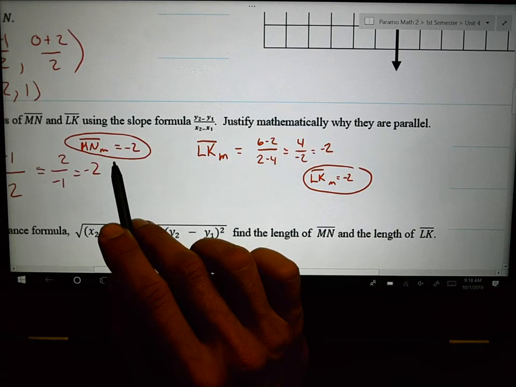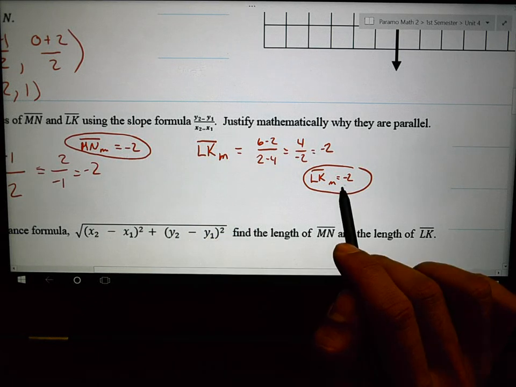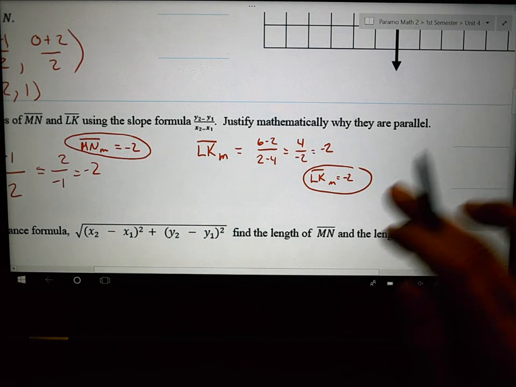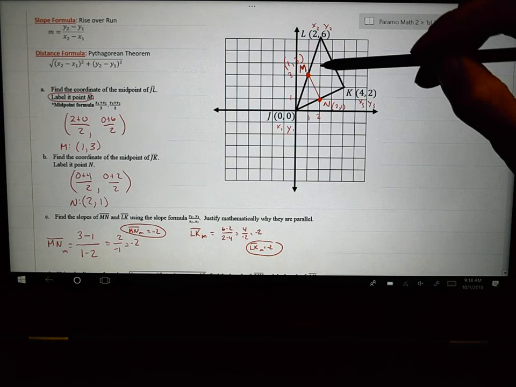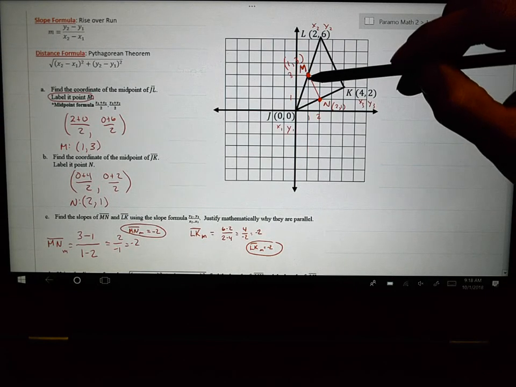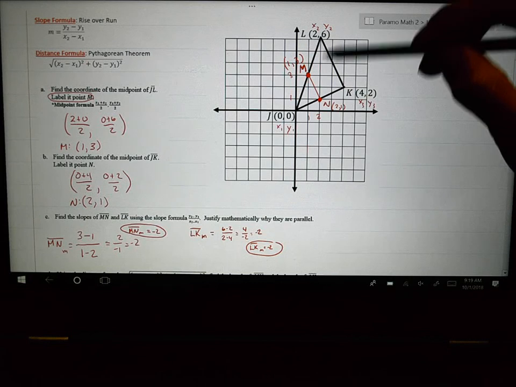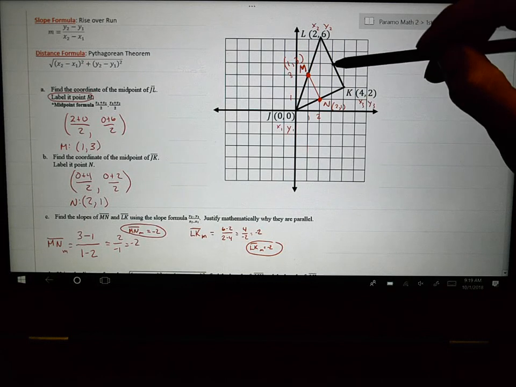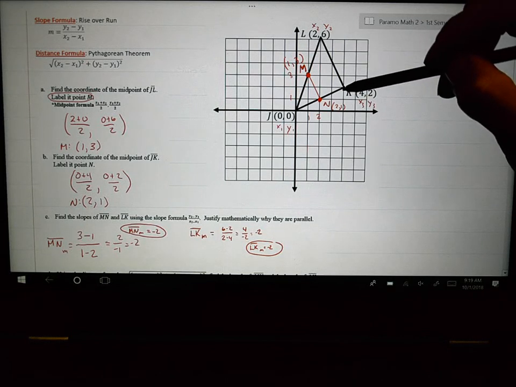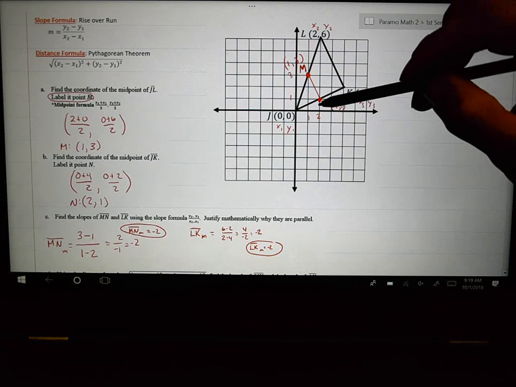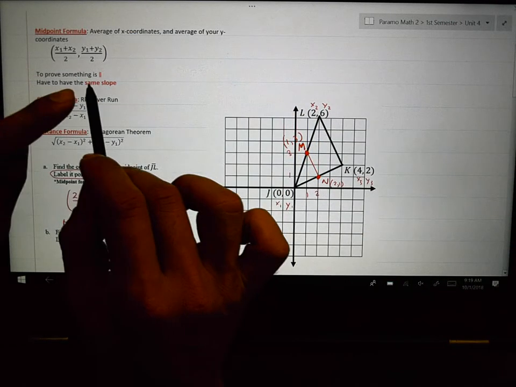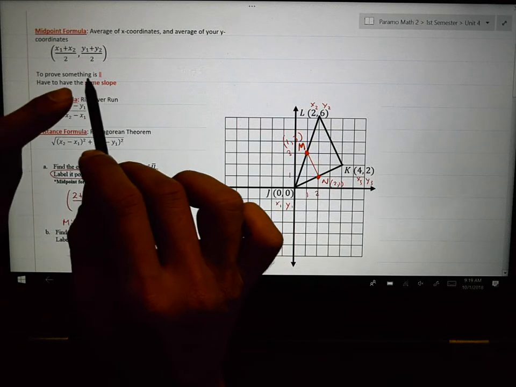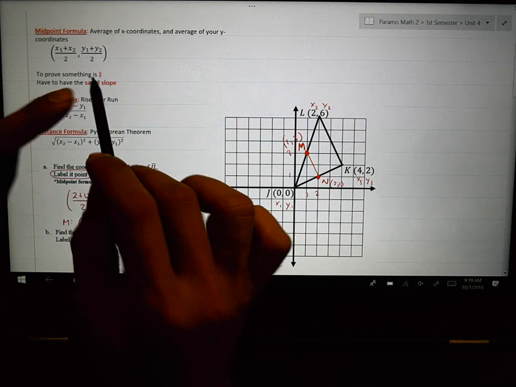The slope of MN is negative 2. The slope of LK is negative 2. Let me go to the picture to show you what that looks like. The slope of this one is down 2 over 1, and the slope of this one is down 2 over 1. It's the same slope. Earlier we wrote down, if they have the same slope, then they must be parallel.